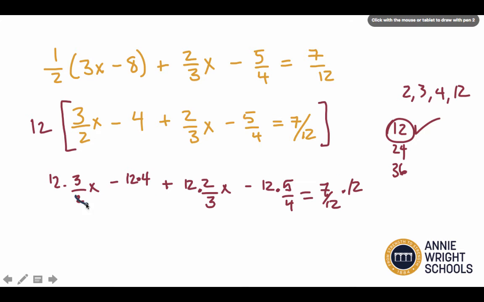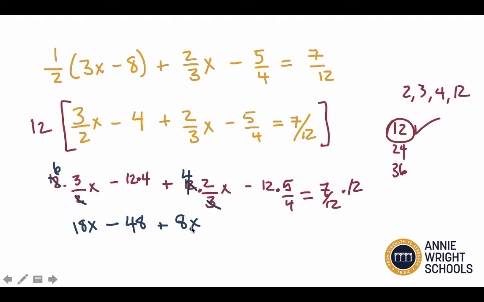Here, 2 goes into 12 6 times, and I'm left with 18x. Here, there's nothing to simplify, and I get 48. 3 goes into 12 4 times, and I'm left with 8x. 4 times 2 times x. 4 goes into 12 3 times, and I'm left with minus 15. And then lastly, 12 goes into 12 once, and I'm left with a 7.